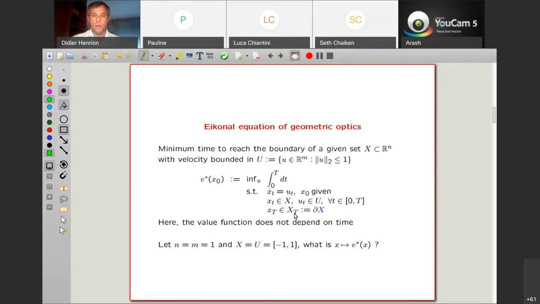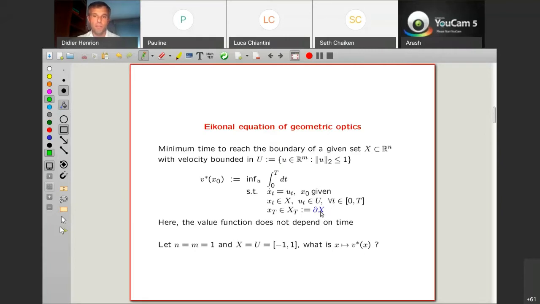And the terminal state must reach the boundary of capital X as fast as possible. So the cost here is this quantity, which is equal to capital T. So among all possible bounded control, given an initial condition in capital X, we want to reach the boundary as fast as possible.